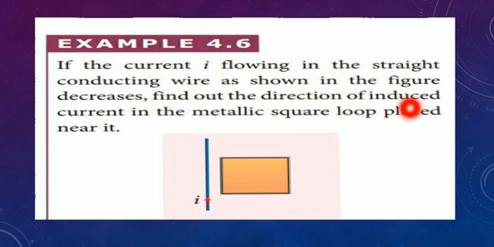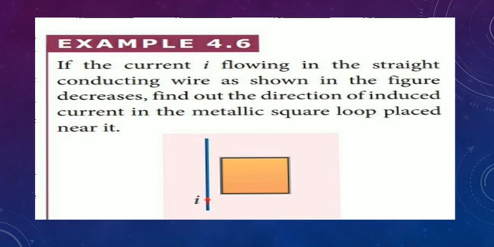Find out the direction of induced current in the metallic square loop placed near it. This square loop is a closed area, a loop, placed near this conductor. So find out the direction of induced current.